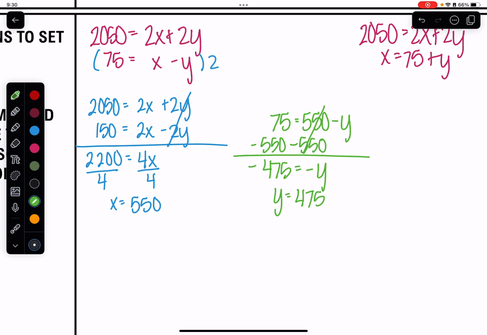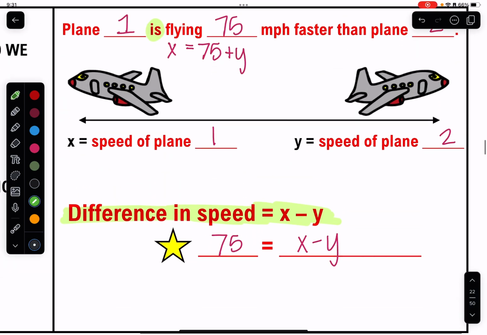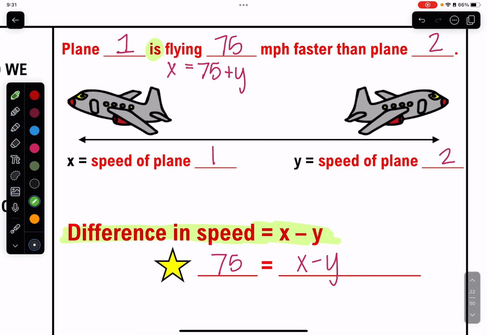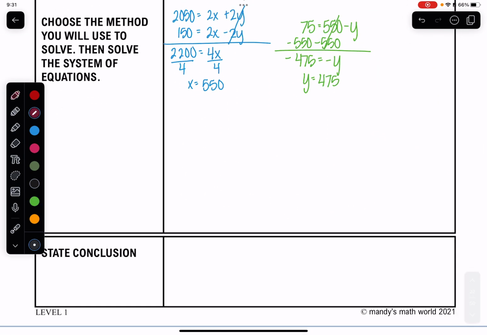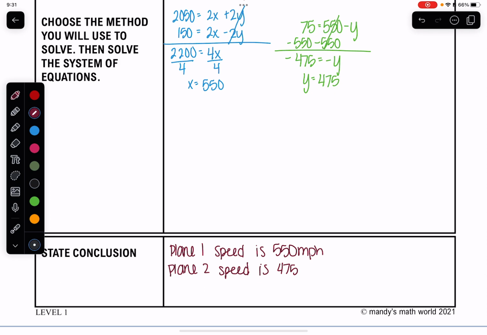Now let's take a look at what we just did. We found x and y, which we have been saying all along are the speeds of the planes. In the final conclusion, plane 1 speed is 550 miles per hour, and plane 2 speed is 475 miles per hour.